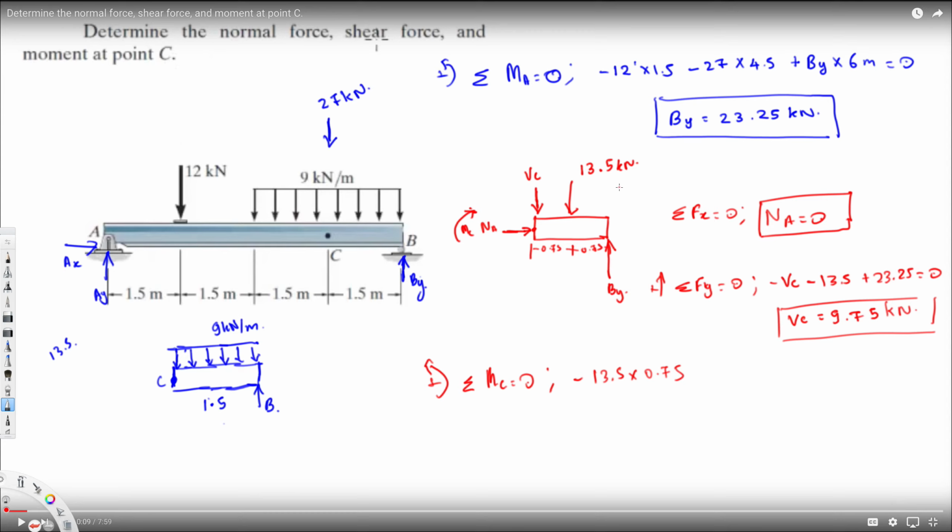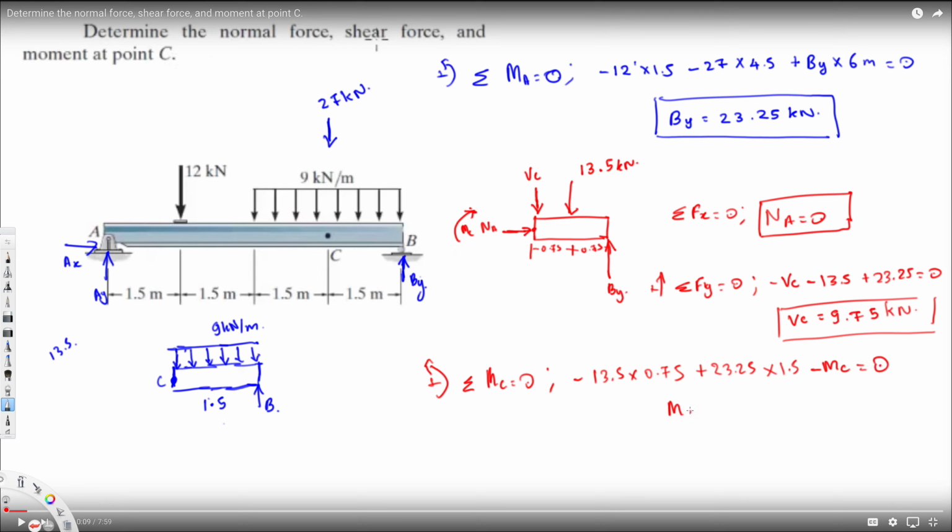Then By is pulling counterclockwise, so it's plus 23.25 times the distance 1.5, and we are assuming this MC is acting in the clockwise direction, so it's negative MC, equal to 0.